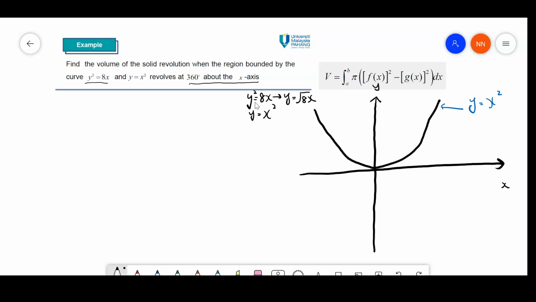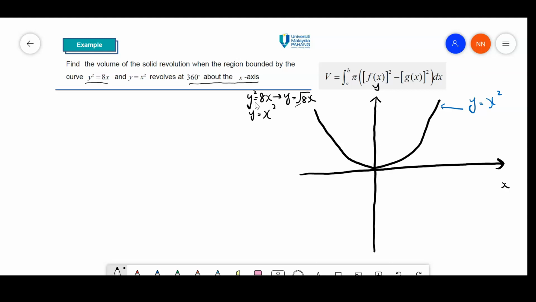And then y equals square root of 8x is actually the radical. The square root is only defined for positive x, because if x is negative, it will give you imaginary values, so we only consider real values.